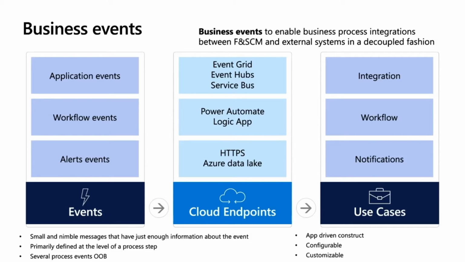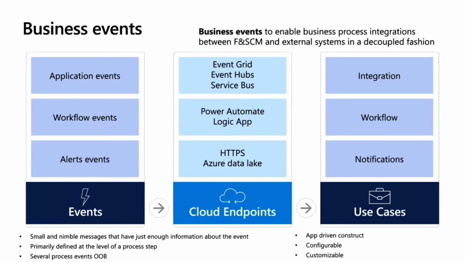In terms of use cases, you can extend that integration to have a workflow, to have a notification, or even with business events, you get a payload. You can use the data from the payload to get actual record information and use that information to fulfill your business case.